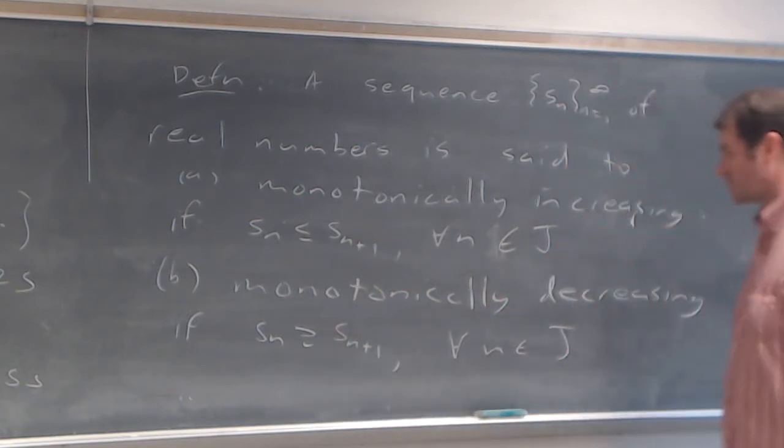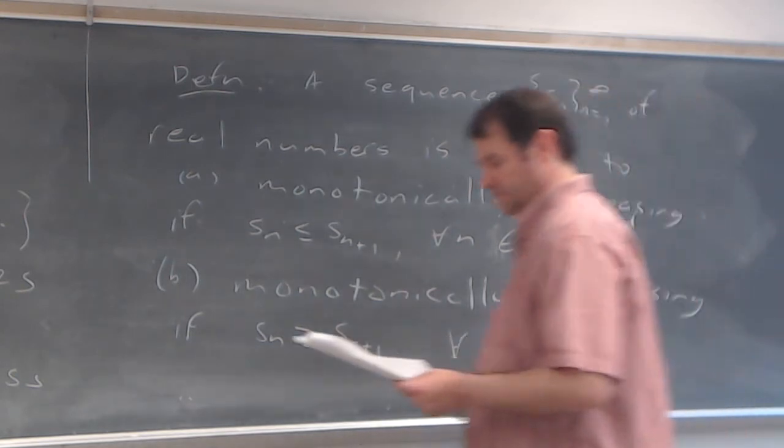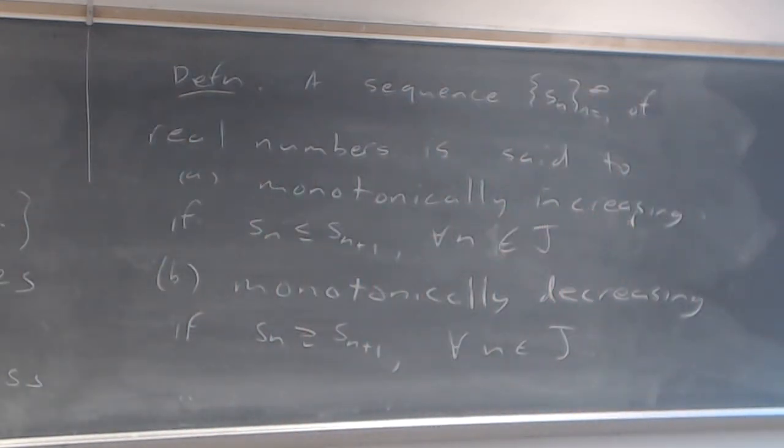And here you're monotonically decreasing if you never get bigger as you go to the right in the sequence. We've got an all-encompassing definition upcoming in terms of these words.